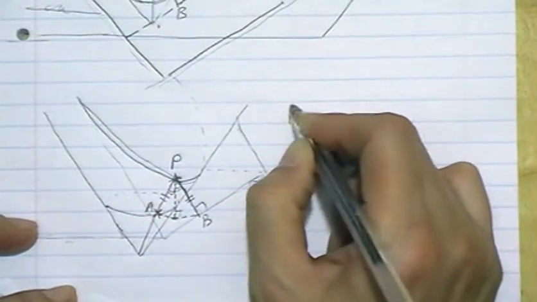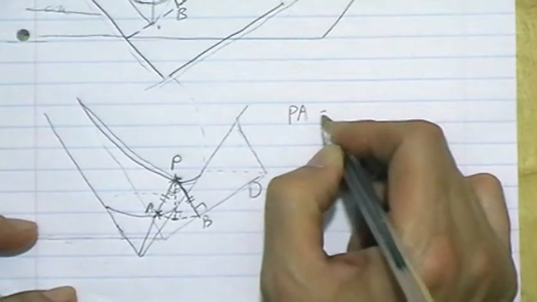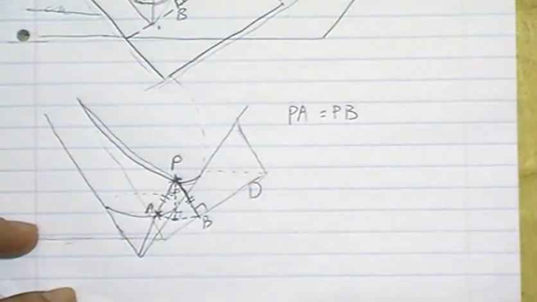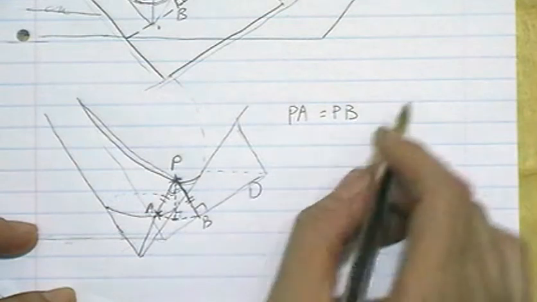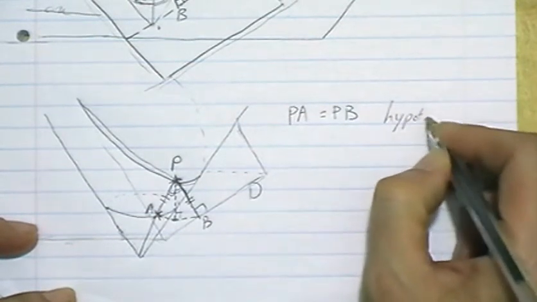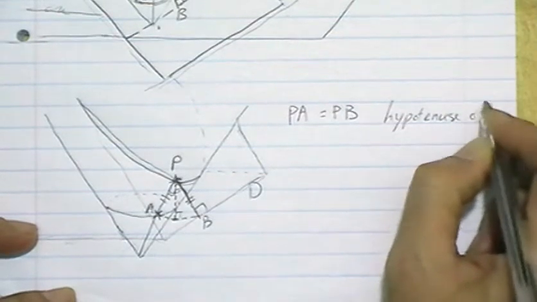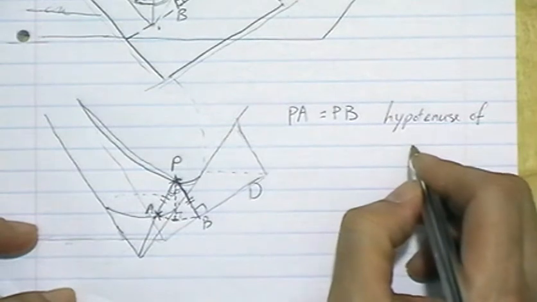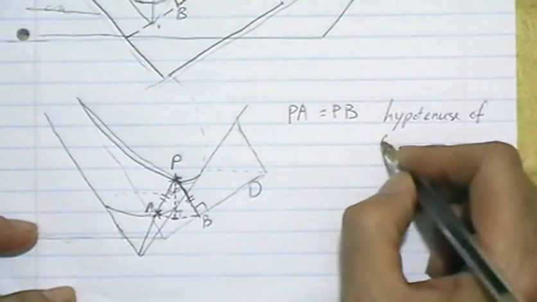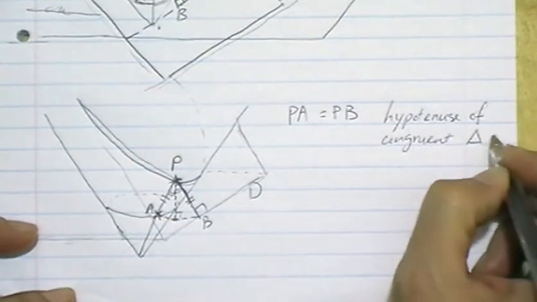So we have PA is equal to PB, because they are hypotenuse of two congruent triangles.